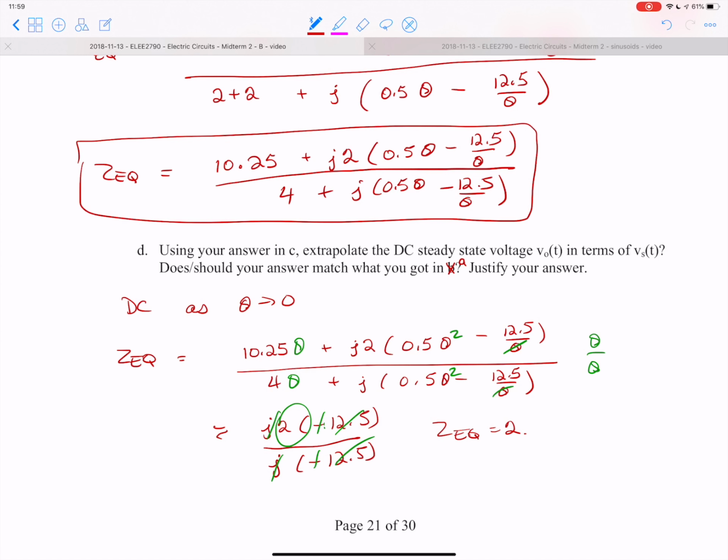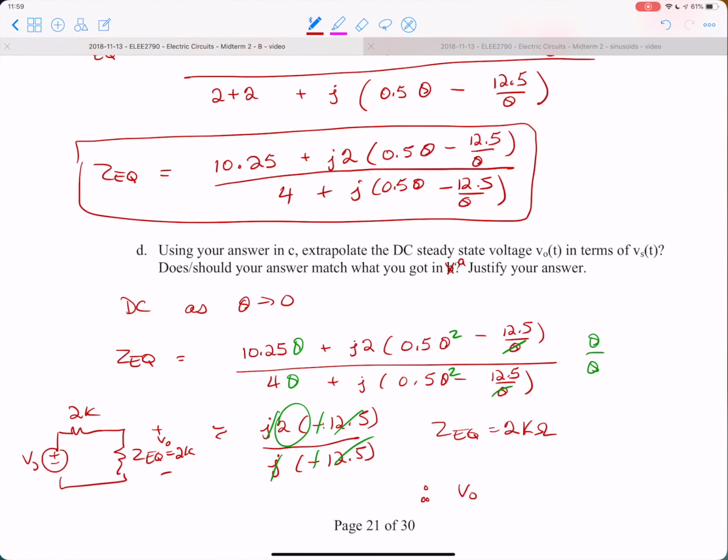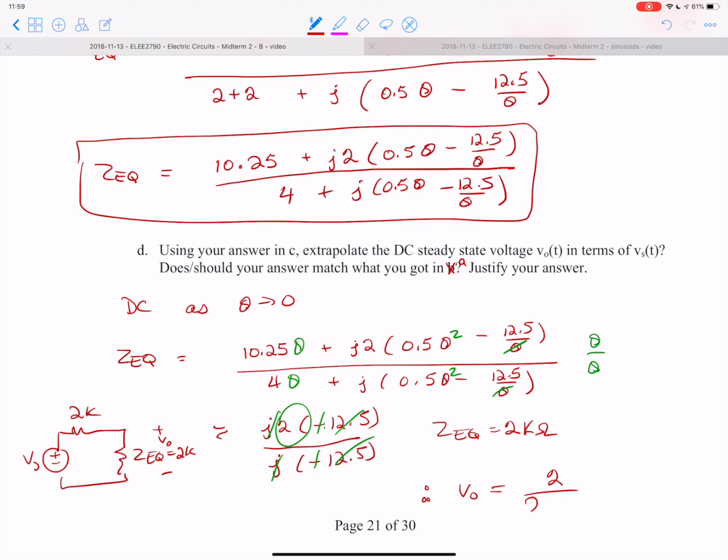Well, once we have 2 kilo ohms there, then we can very easily go back and calculate. We have our voltage source, we have 2K, and now we have an equivalent impedance ZEQ equal to 2K. Put that together. Therefore, V0, which is the voltage across here, is equal to 2 over 2 plus 2 times Vs, which is equal to 1/2 Vs.